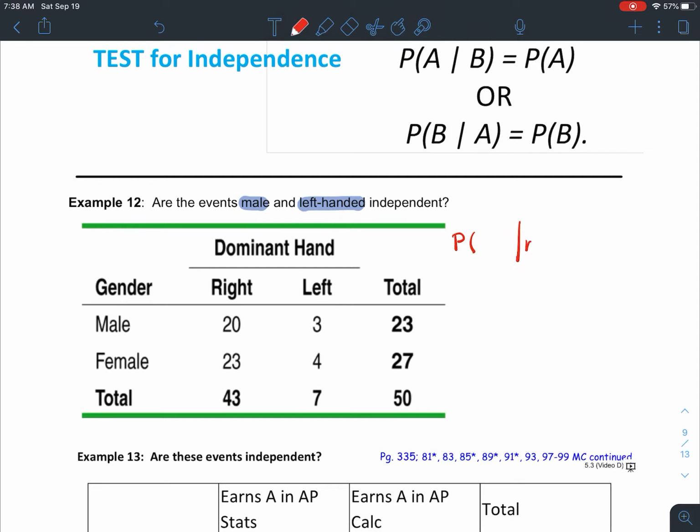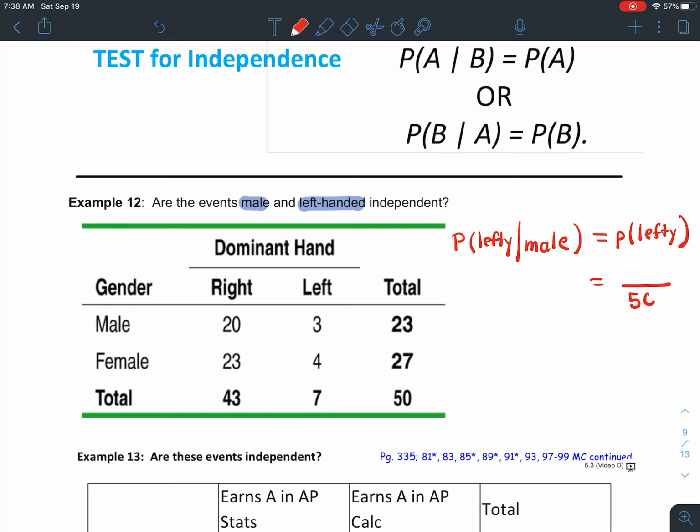So I need to show, and it doesn't matter which one I choose as my event A or my event B, I just need to choose one. So I'm going to say, given that someone is a male, I want to find the probability that they are left-handed.